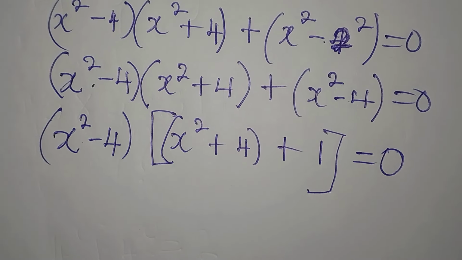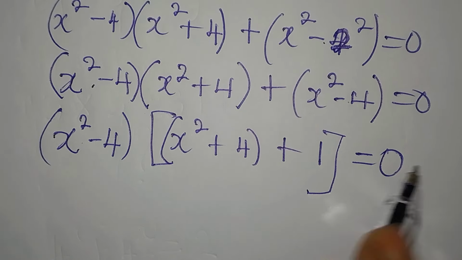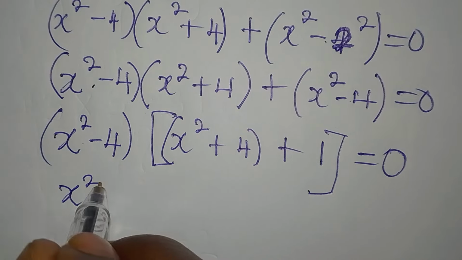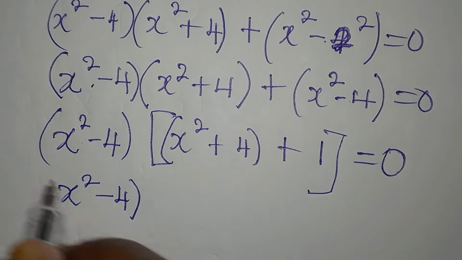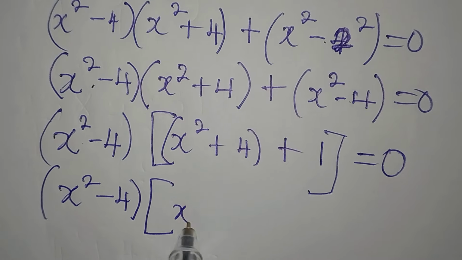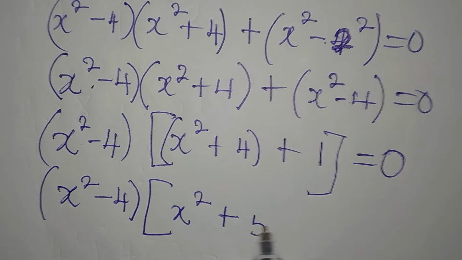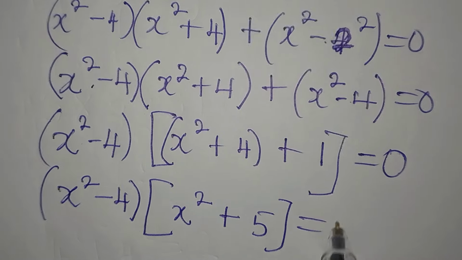Now the next thing is we make sure that either this is equal to 0 or this is equal to 0. But before then, let's simplify what we have in this bracket. This is going to be x squared plus 4 plus 1, which is 5. Then we equate to 0.